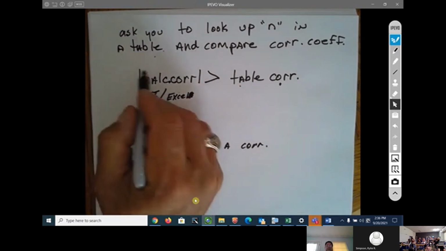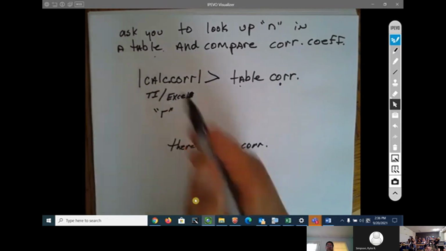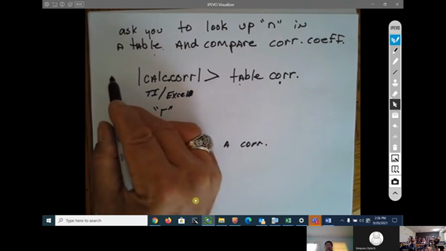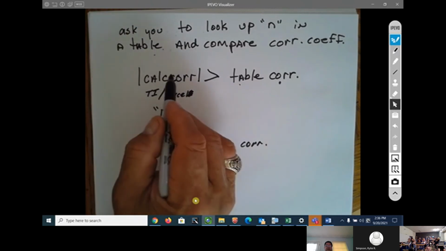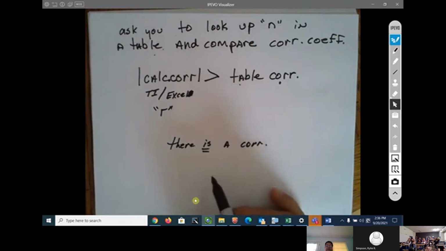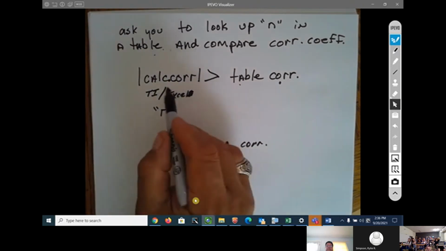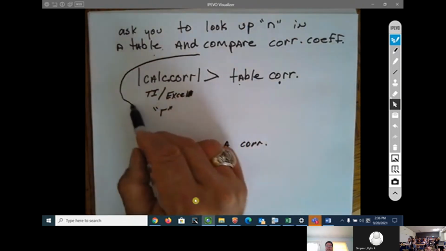Now that could be negative or positive. If your correlation before you put it in absolute value is negative, that would be a strong negative correlation. If it is positive, that would be a strong positive correlation.